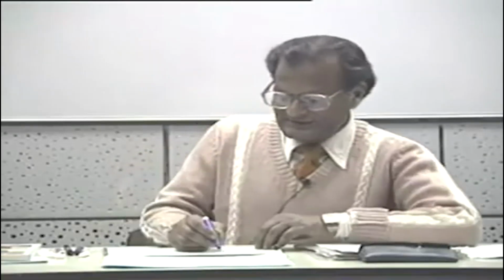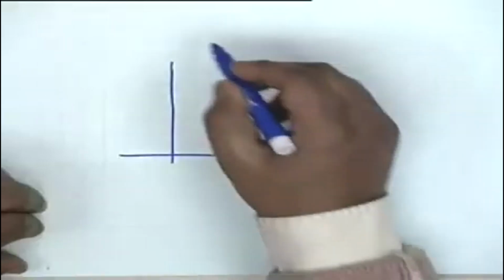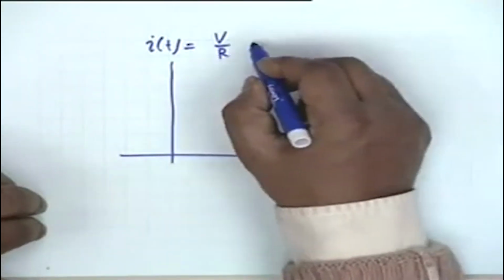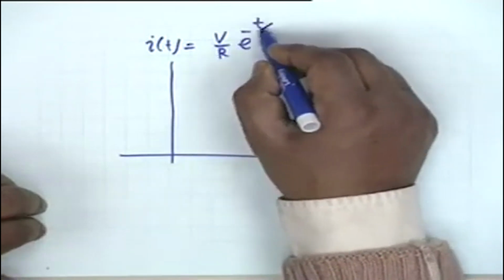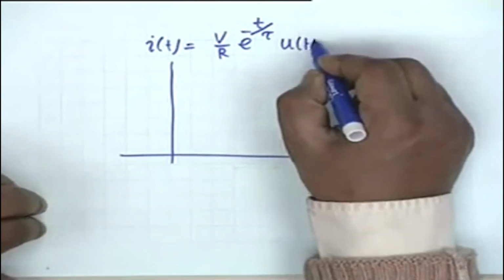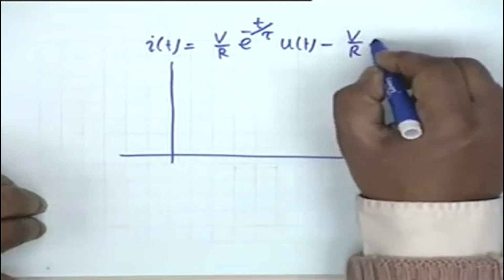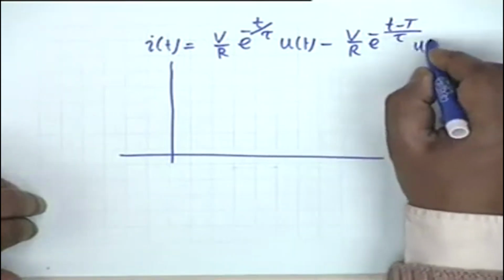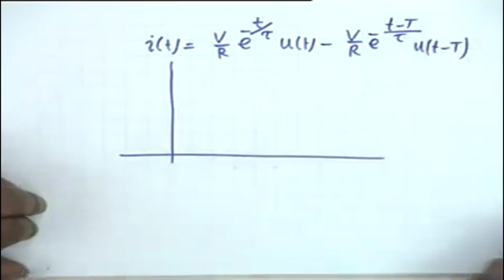Now if I sketch the current waveform, my current waveform i(t) is V by R e to the minus t by tau u(t) minus V by R e to the minus (t minus capital T) by tau u(t minus capital T).